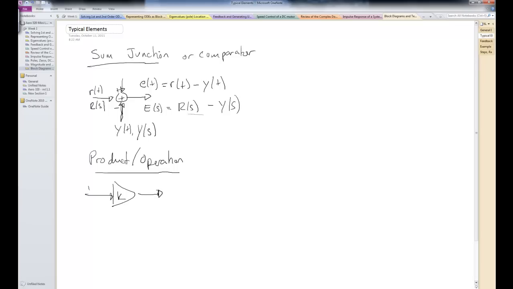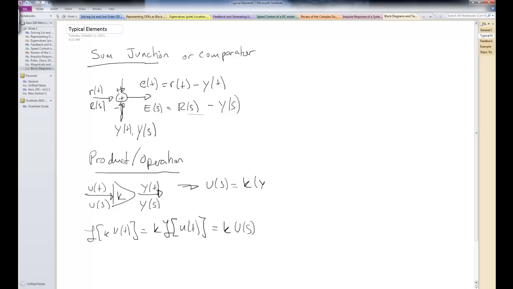And if there's an input signal, say u of t, and an output signal y of t, and again, these can be in the Laplace domain. And this works because of the linearity property of the Laplace, that the Laplace of k times u of t is equal to k times the Laplace of u of t, which is just k U of s. Right, so this tells us then that y of s is equal to k times u of s, right?